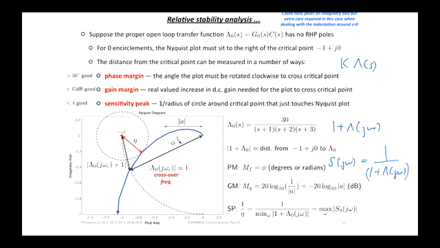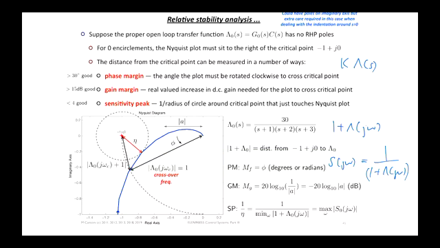We're going to look at the point at which the open loop transfer function has gain 1. So there will be a frequency, the crossover frequency, where the open loop transfer function has a gain of 1, and the phase margin is the angle between the phase of the critical point -1 and the phase of lambda at that frequency, at the crossover frequency.